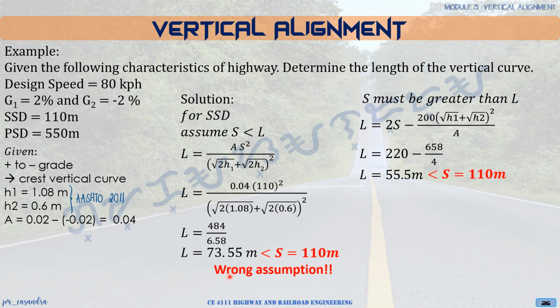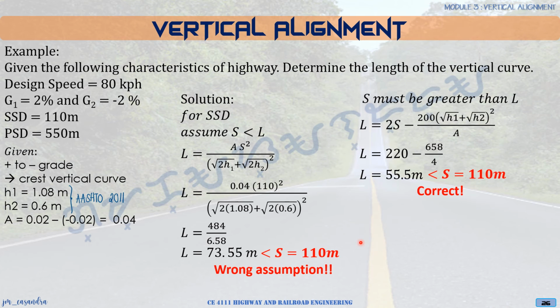Comparing this to our SSD, it is really lesser than our SSD of 110. Okay? So the assumption now is correct. Therefore, if we are considering the sight distance, the length of the curve should be 55.5 meters.